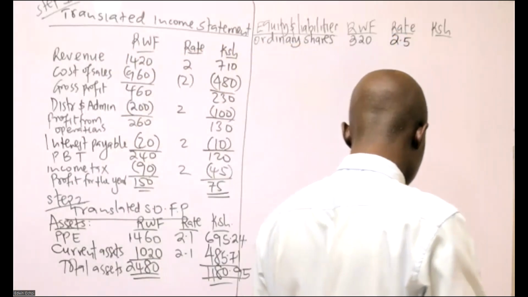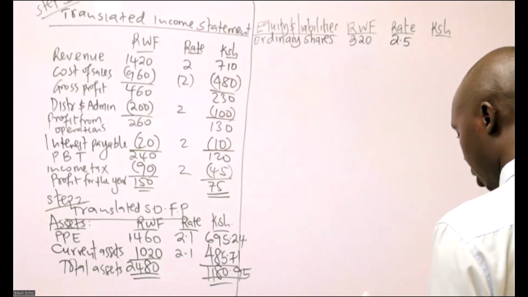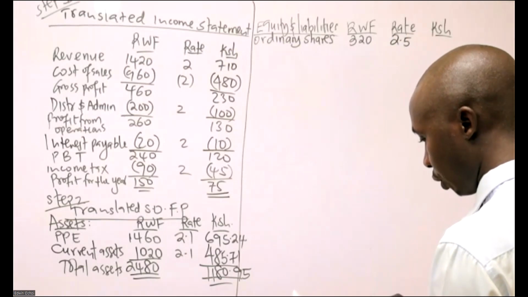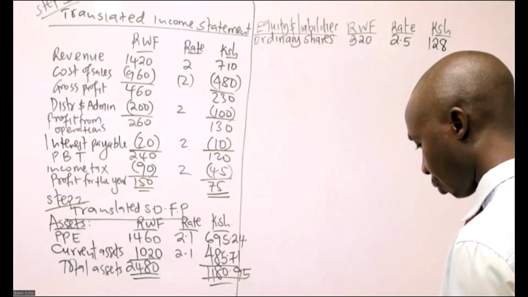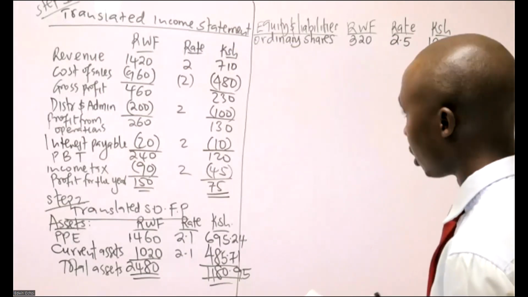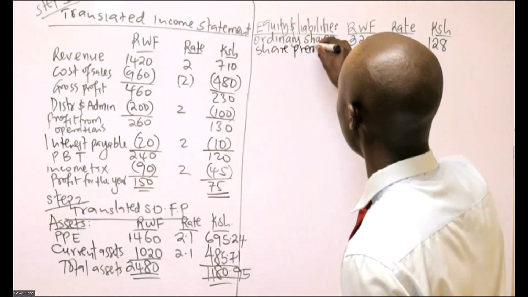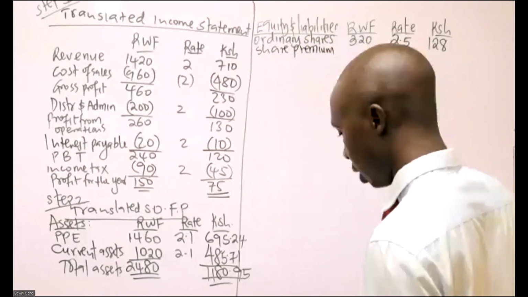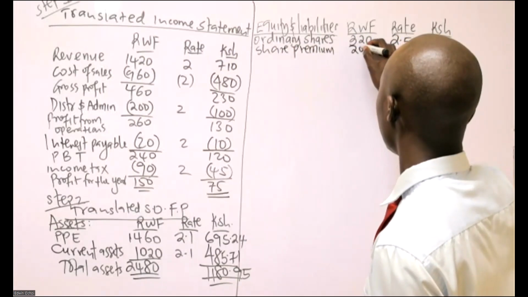So 320, you divide 2.5. This is 128. You do the same for share premium. So the share premium is 200.